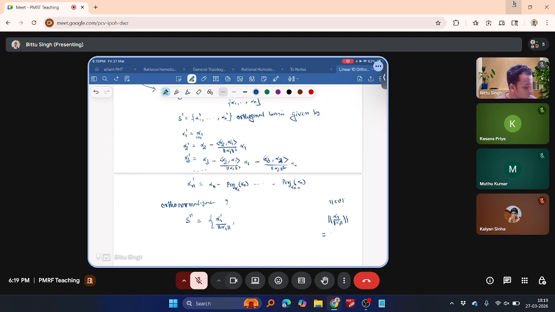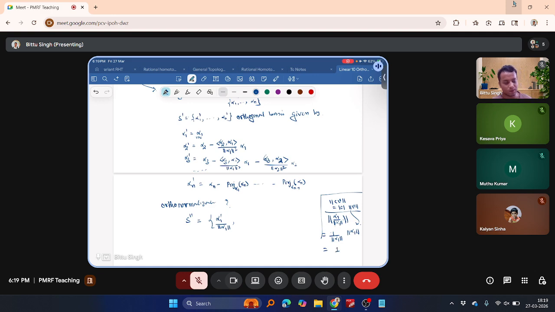You can prove that norm of cV is the same as mod c times norm V. So here we need to take the modulus of 1 by norm alpha 1, but it is already a non-negative real number, so I don't need to consider the modulus. Using the above, those will cancel, therefore we'll get 1.